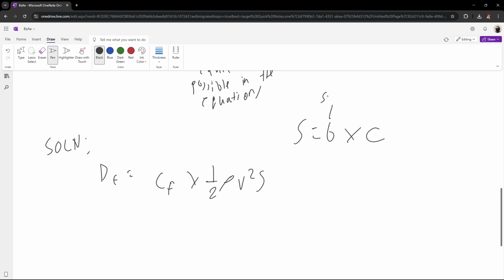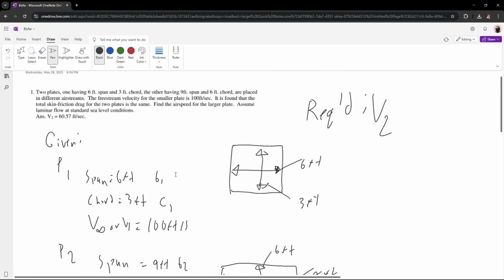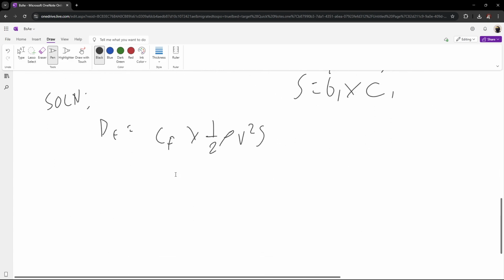However, in this one, this will be span B1, C1, then this will be chord. As for reference, just check the shape above. S is basically the area. It's wetted area, if more specific, but in most cases it's just area.